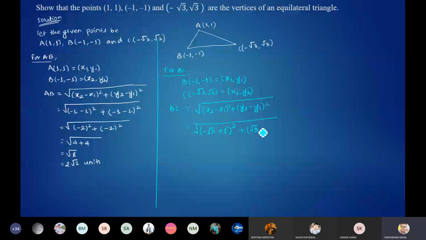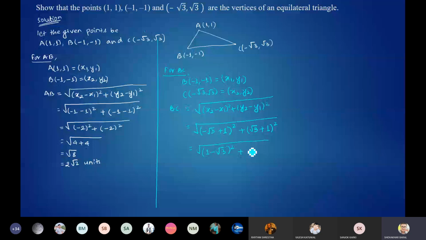Okay, so let's simplify it further. Since it is minus at first and plus later, let me rearrange them. It is (1 minus root 3) whole square, plus, it will be easier to solve.